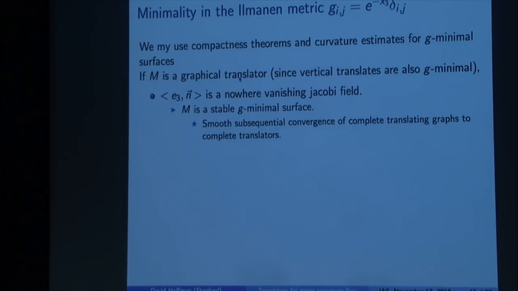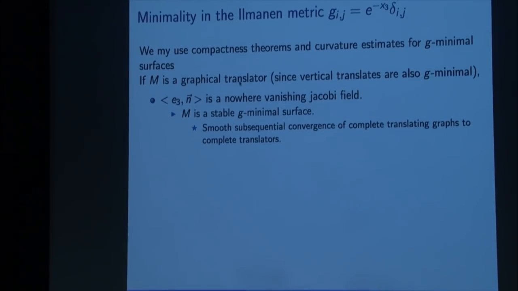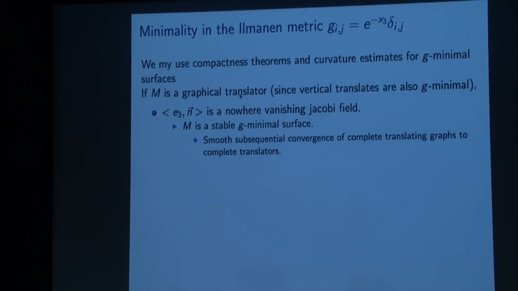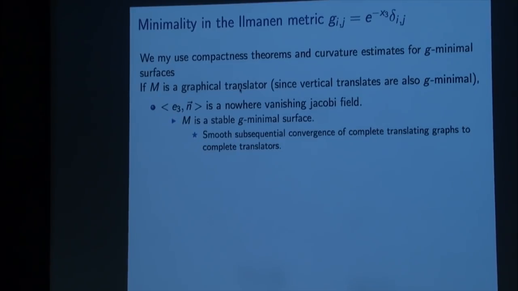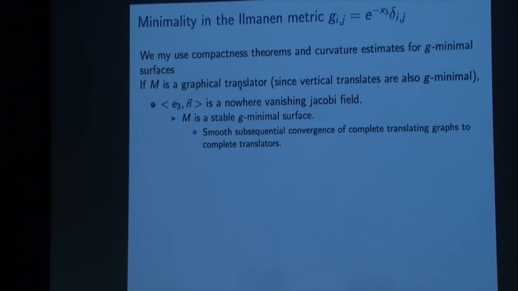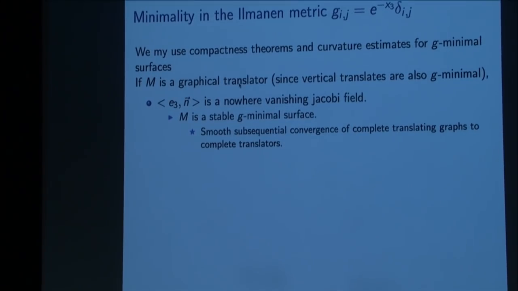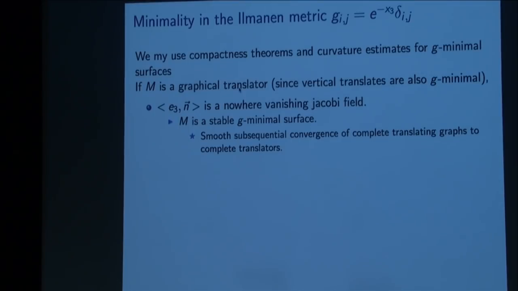So look, if this thing is a minimal surface in a metric, the part of E3 pointing up is basically a normal vector field. It's non-negative on a graph. So that's a Jacobi field that's non-negative.